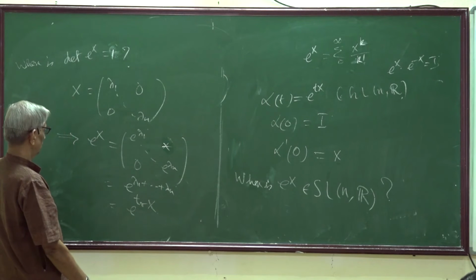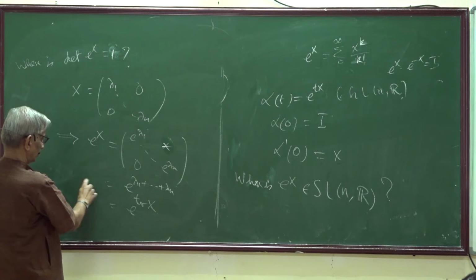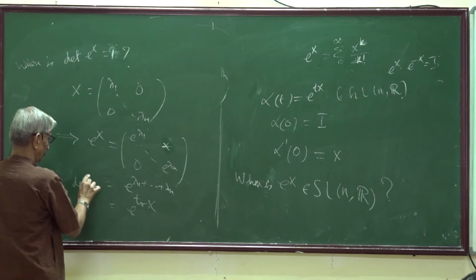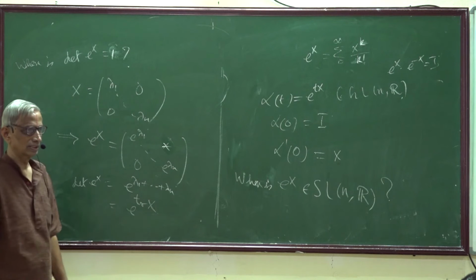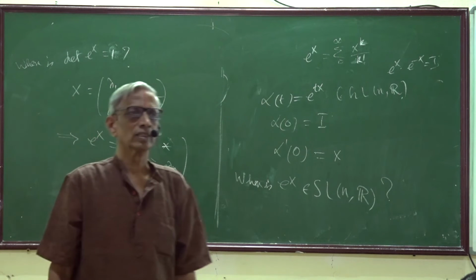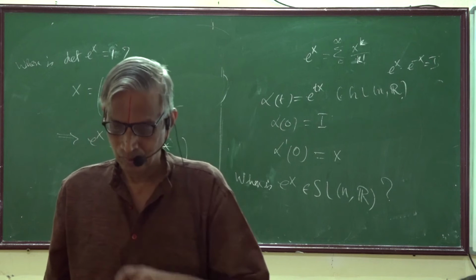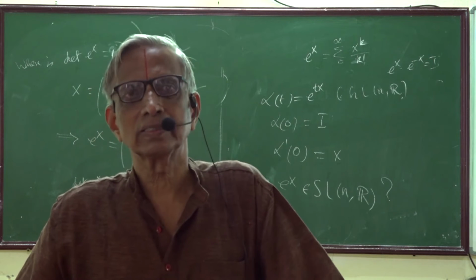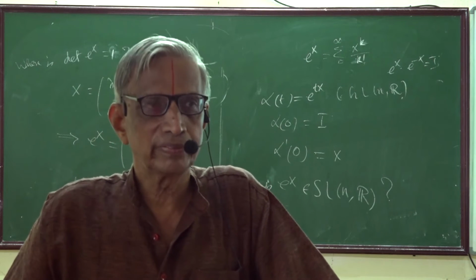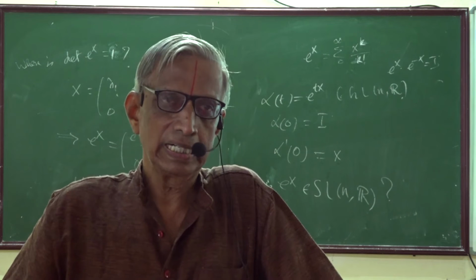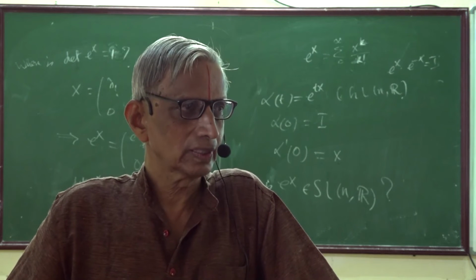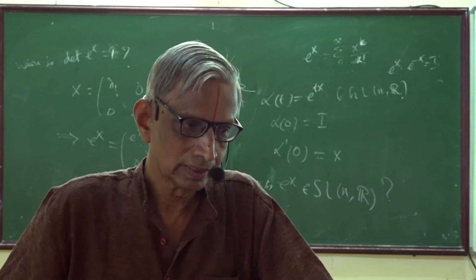What I have to write for the determinant here, right? So for a triangular matrix, the determinant of e to the power x is e to the power trace of x, right?